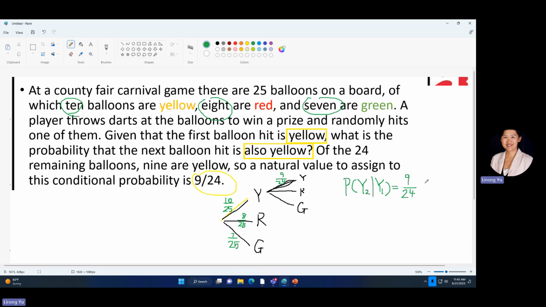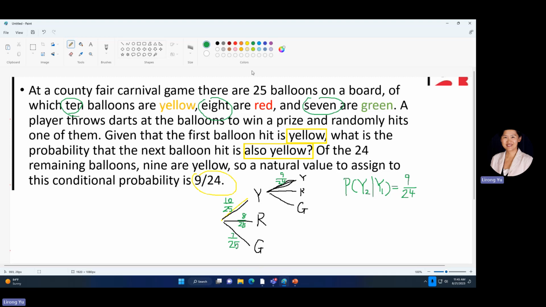When we attach probability onto the tree diagram, the first layer of the tree is a pure probability of yellow, probability of red, and probability of green. But then for the second layer on the line, we normally write conditional probability because you can only calculate probability under that situation, right? So the probabilities are going to be different at different points.